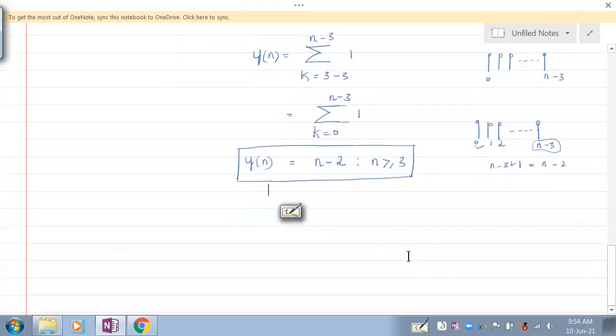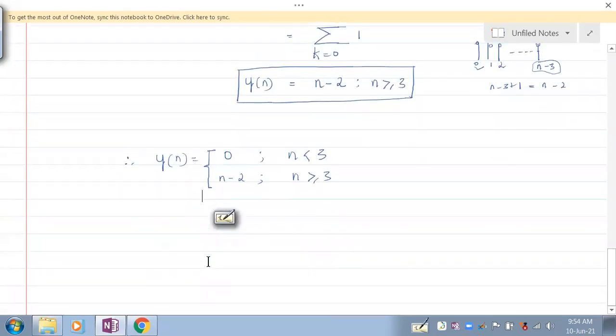Therefore y of n is 0 for n less than 3, because there will not be overlapping, and it is n minus 2 for n greater than or equal to 3. So this is what our y of n is.